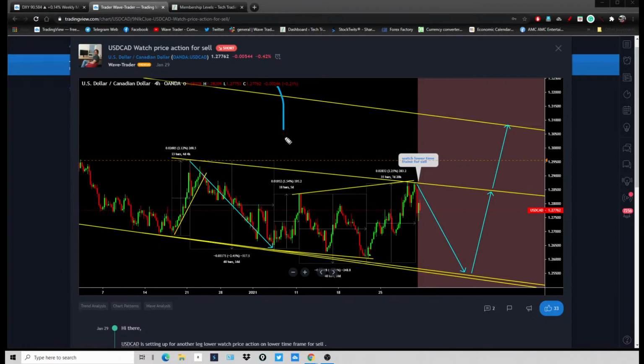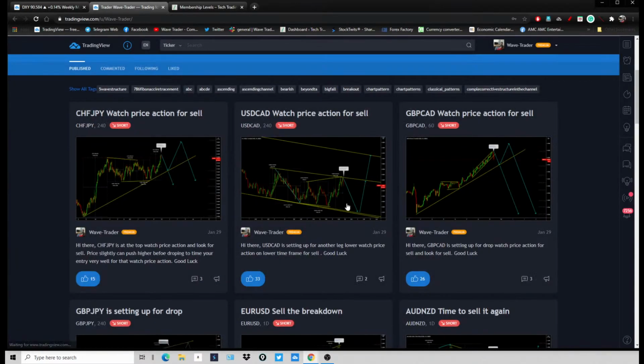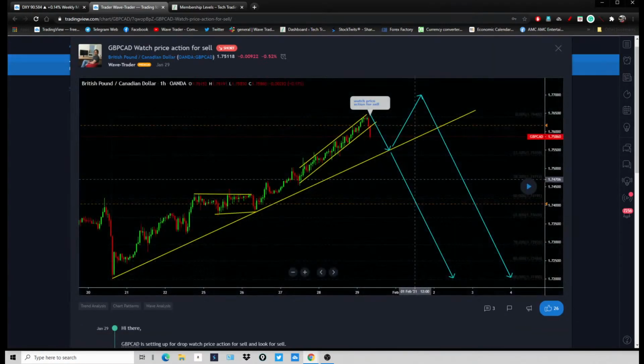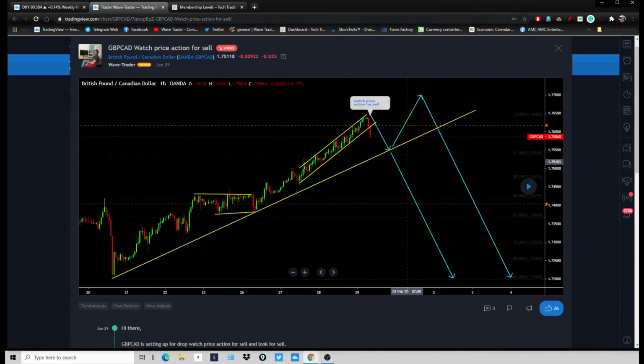Within that pattern, we still can see another leg lower, guys, back to that bottom before going to reverse for longer term. So we're going to look at the lower time frame for both ways. Dollar CAD was a good chart from the 21st of January.